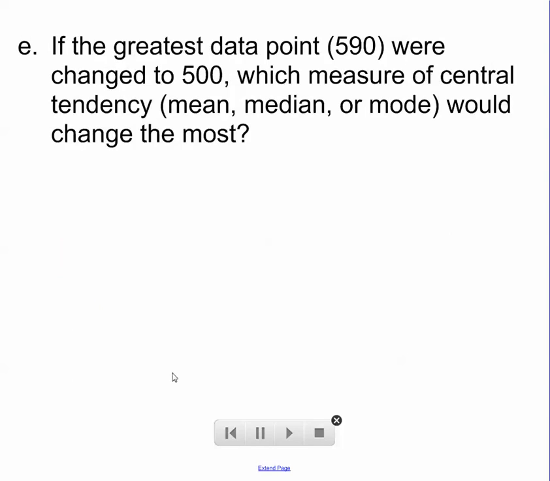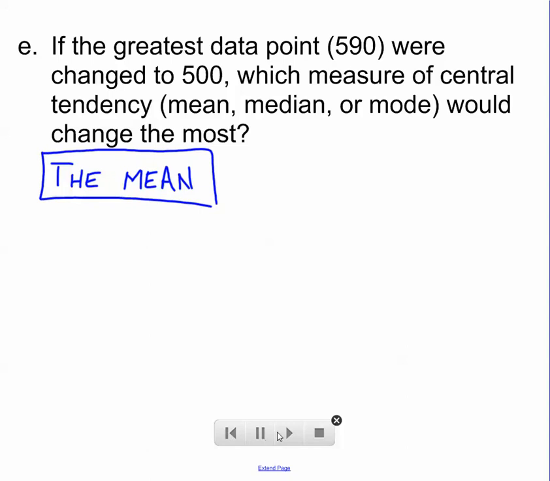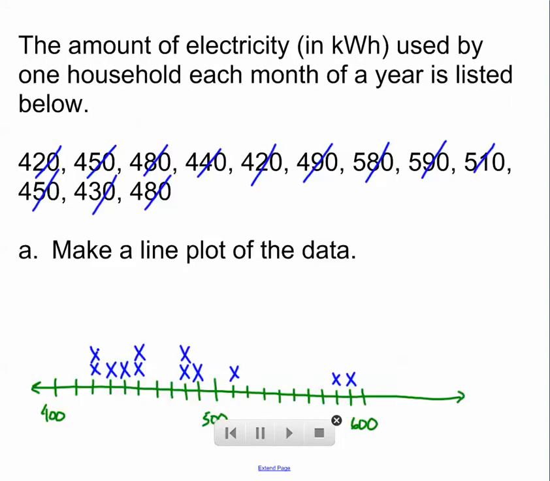If the greatest data point, 590, were changed to 500, which measure of central tendency, mean, median, or mode, would change the most? That's an interesting question, and we really have to think about that a little bit. All right, well, the mean would actually change the most.